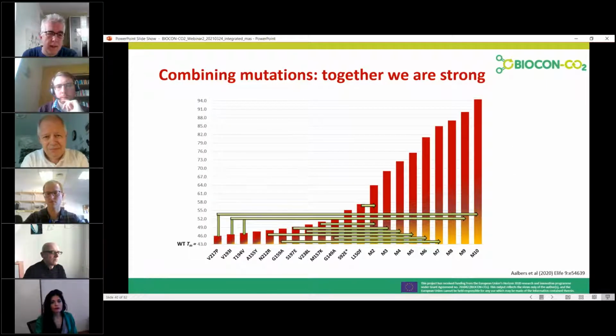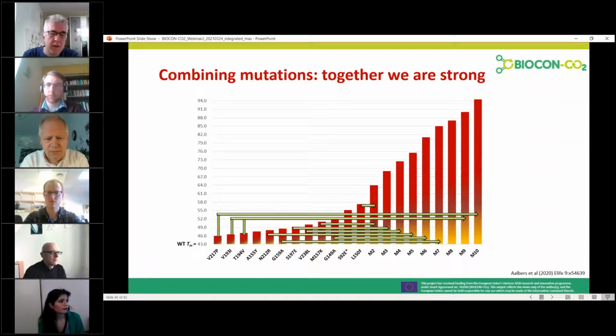On the next slide, you can see the result of that. If you take these single mutants, the left half of this graph, they all have beneficial effects, from a few degrees improvement up to a bit more, 6 degrees.